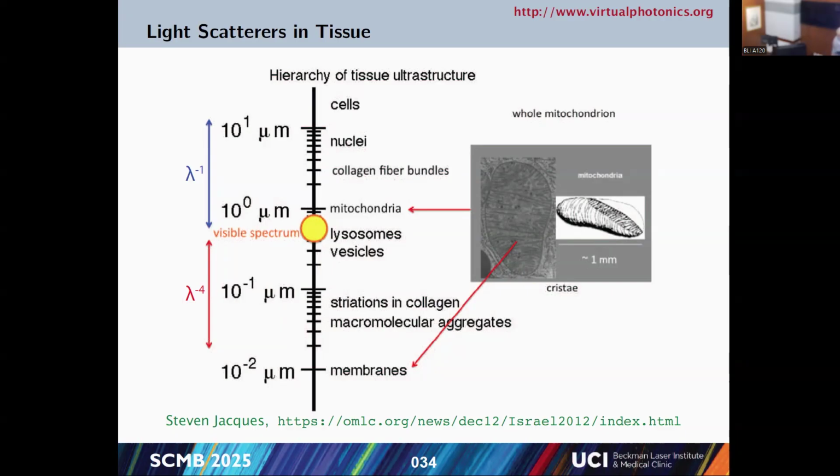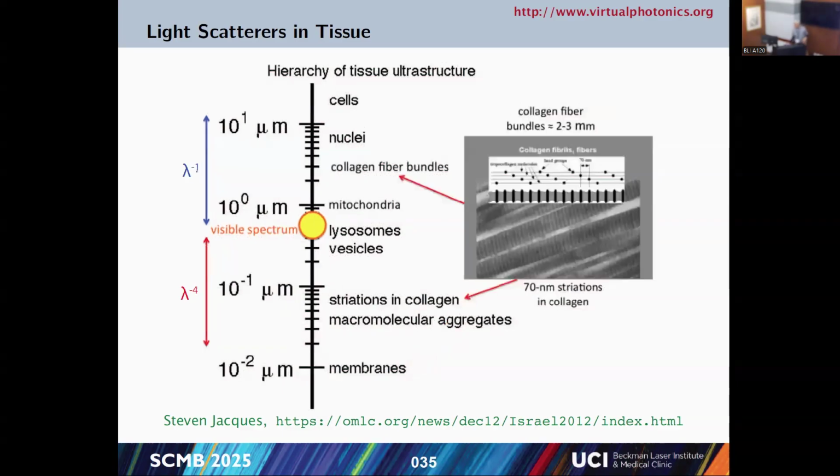Once the spatial scales of the particles start to become comparable to the wavelength of light, the power law tends to become much more gentle. And in the range where you have scatterers that are larger than the wavelength of light, it tends to be on the order of 1/λ. I mean, there's a lot of variation there, and it's not a sharp cutoff. It's a continuum. And so you have cellular structures and extracellular structures.